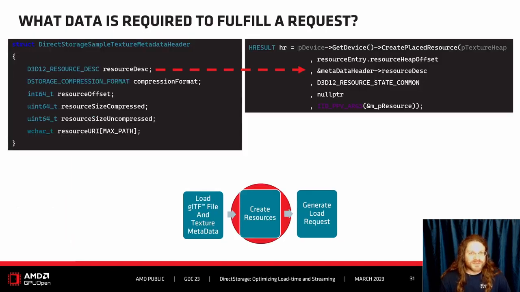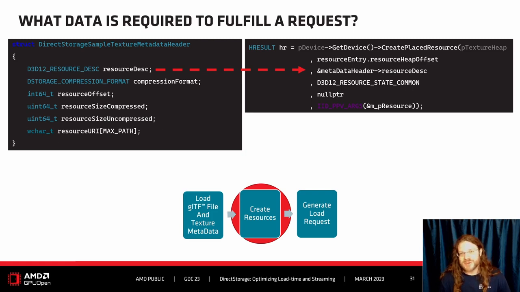But before we can make a request to load the data, we actually have to create the resources or allocate the resources for the data to be stored in on the GPU. And here we're using the create place resources function.